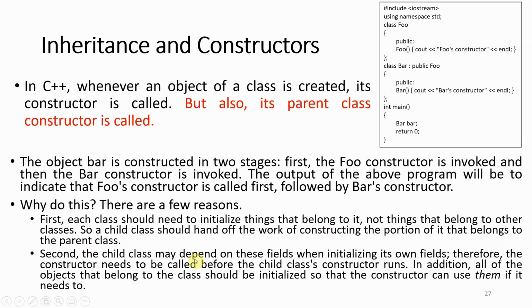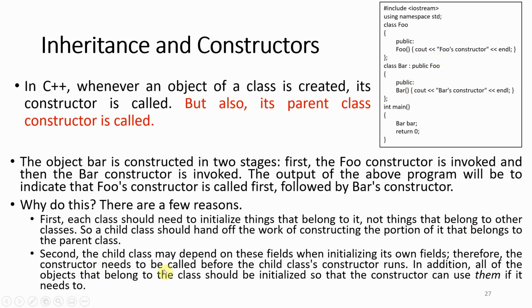Secondly, the child class may depend on these fields when initializing its own fields, right? So we might have member variables or member functions inside this that would depend on some initializations that happen in the parent class constructor.